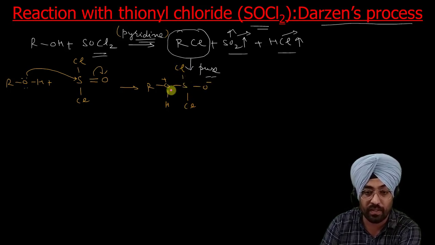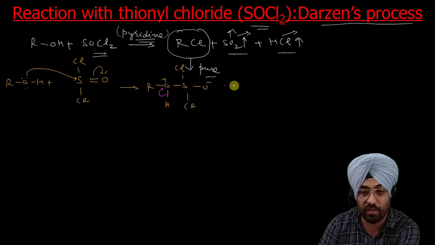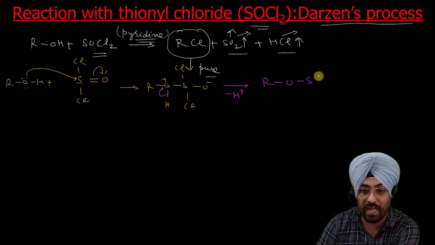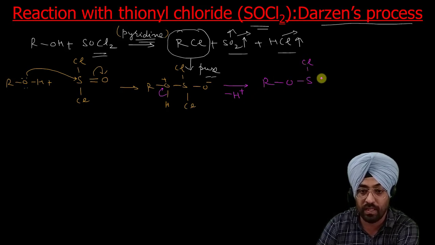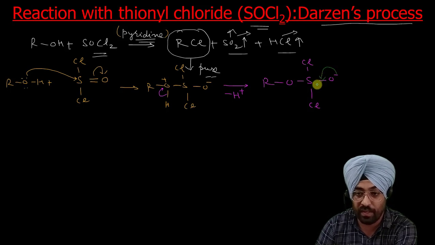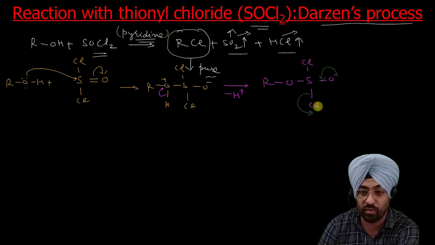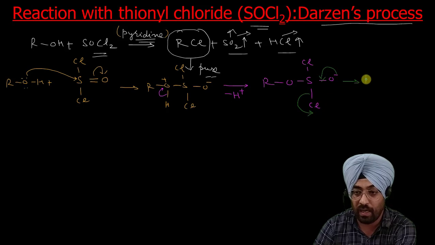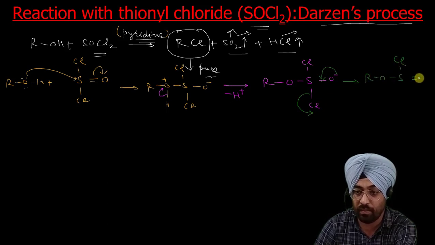In the next step, this H positive will be removed, minus H positive, so you get ROS(Cl)O negative, Cl. In the next step, this Cl negative will be removed like this, so you get RO-S(Cl)=O.